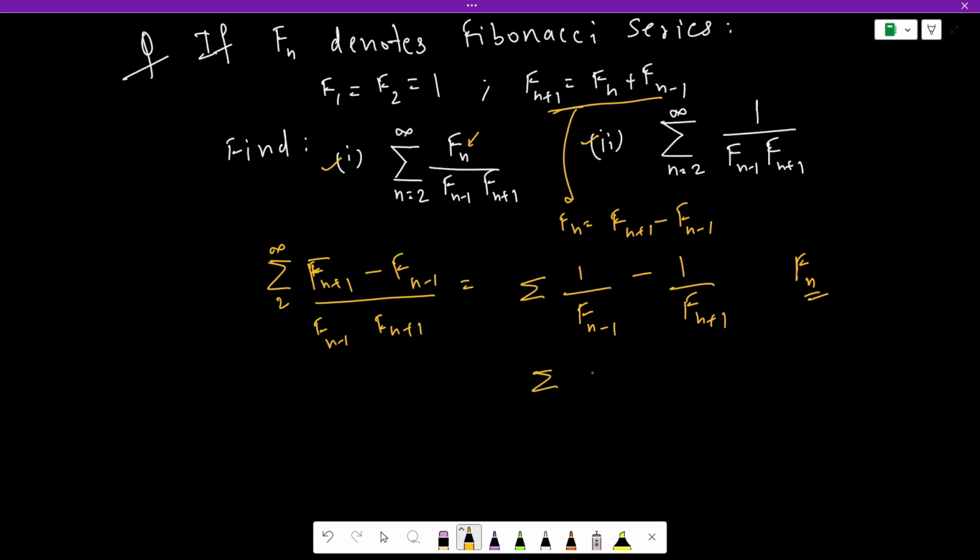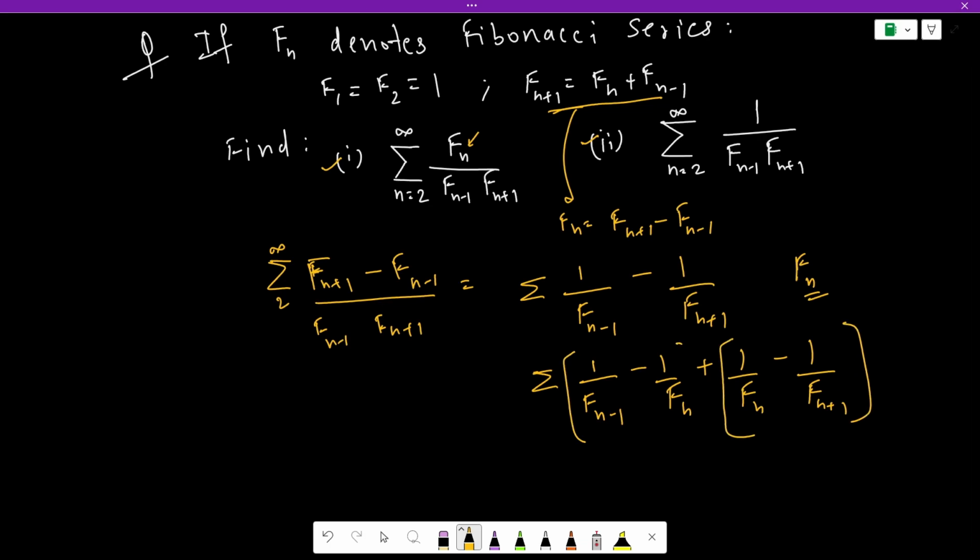So this will be equal to summation 1 by F of n minus 1 by Fn, plus 1 by Fn minus 1 by F of n plus 1. Now this is one term and this is another, and you can split the summation over both of them, with n equal to 2 to infinity.